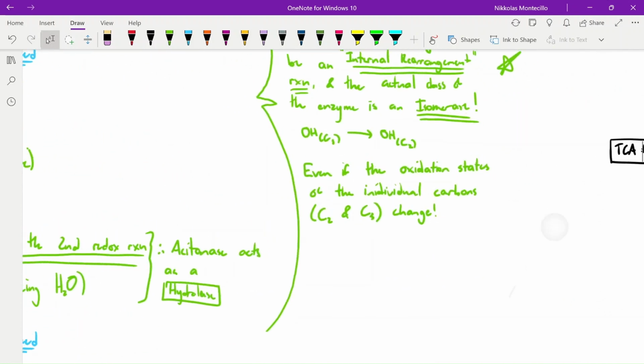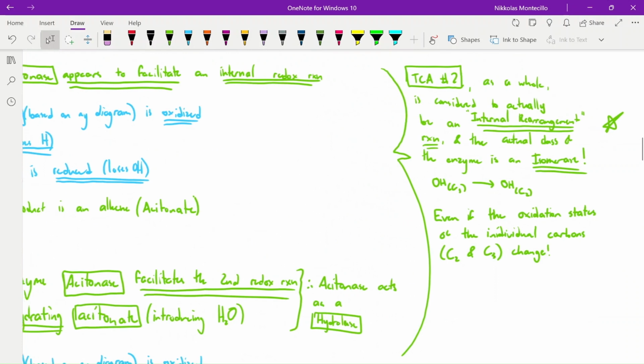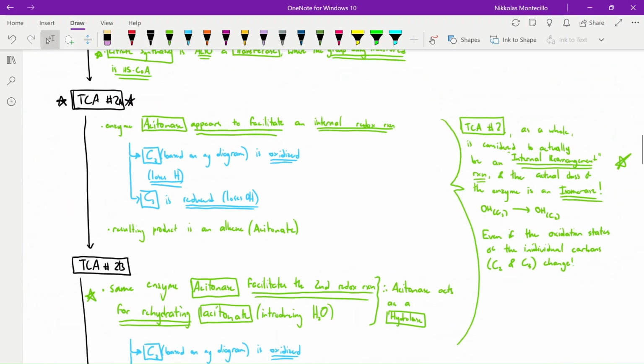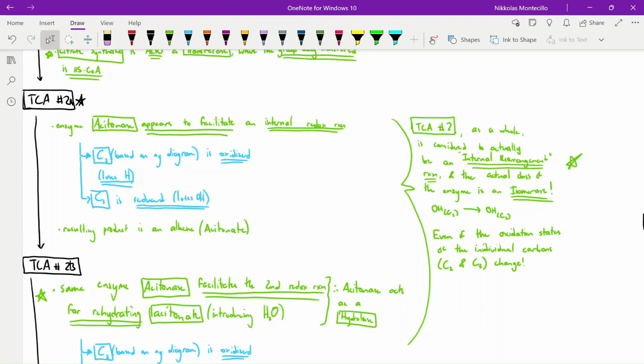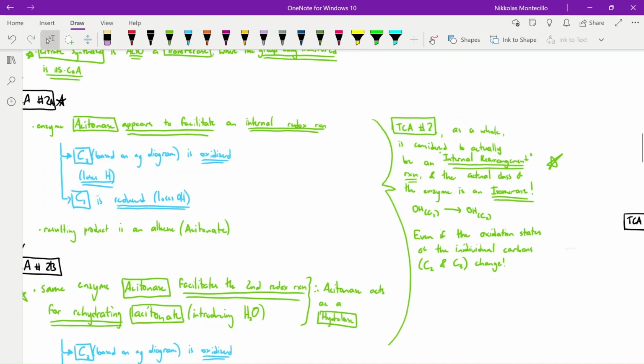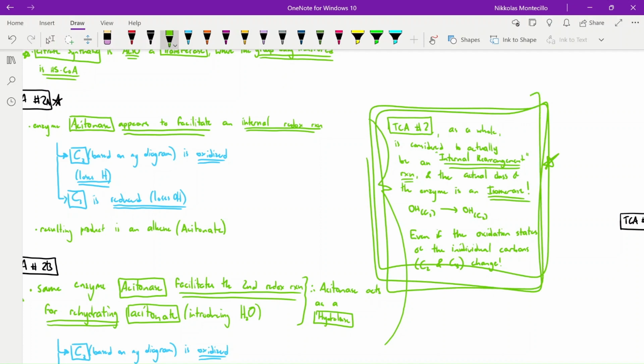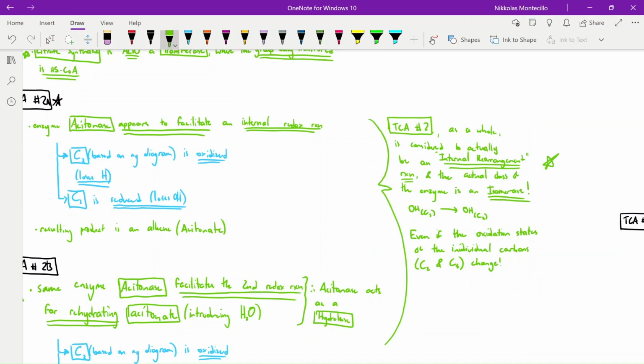So we can't necessarily say that this is a redox reaction, or that aconitase is an oxidoreductase. We would consider this reaction to be an internal rearrangement reaction, and thus the actual class of the enzyme is an isomerase. That's the key idea here. Okay.